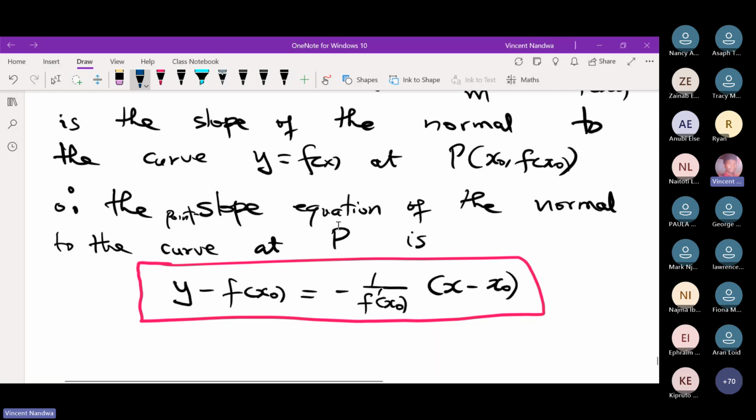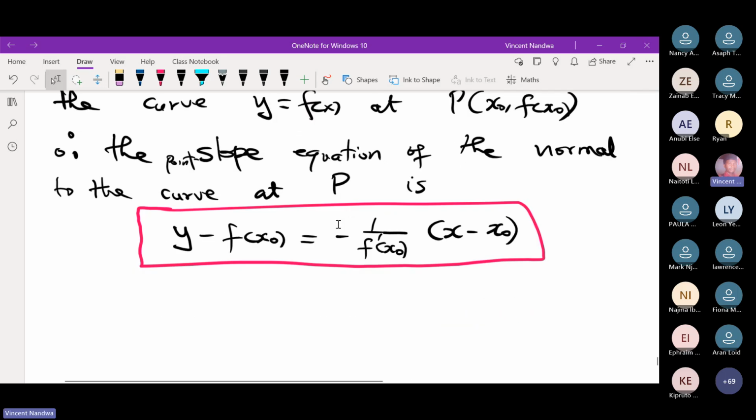So before we give examples on how to compute equations of normals and tangents to a curve at a point, let's define the derivative of a function at a point.